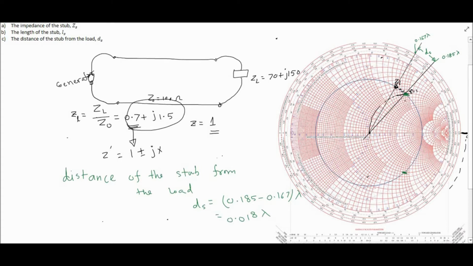If we ask you to find the stub nearest to the load, you have to find this. If we ask you to find the stub distance nearest to the generator, you have to find that one. I am solving for nearest to the load. If we don't mention anything, you find nearest to the load.